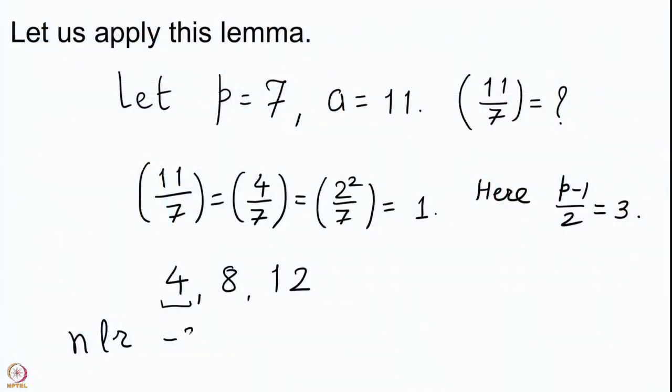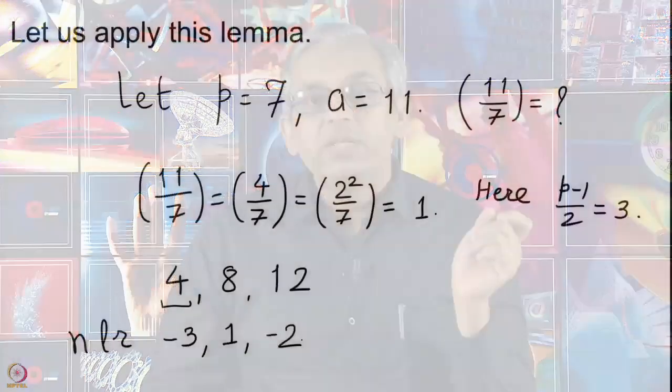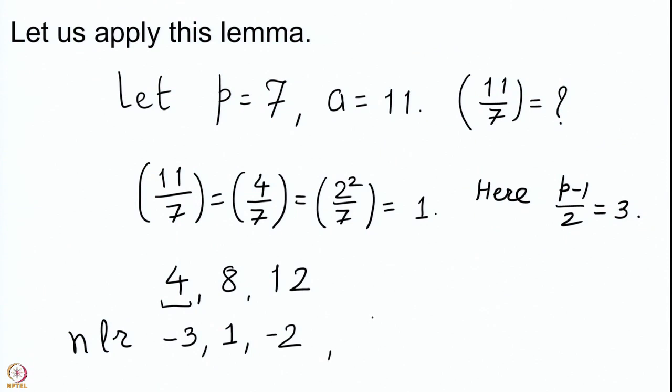So, we take the residue for 4 to be minus 3. 8 is equal to 1 modulo 7, so the numerically least residue for 8 is 1. 12 is the same as 5 modulo 7, but 5 is also bigger than 7 by 2. So, for 5 we have to take minus 2. So, the numerically least residues are these, and 2 of these are negative.